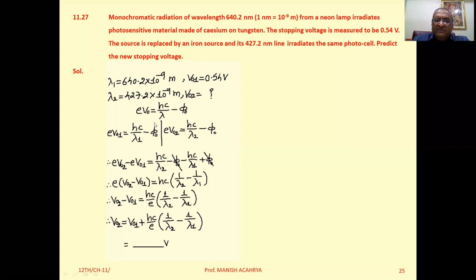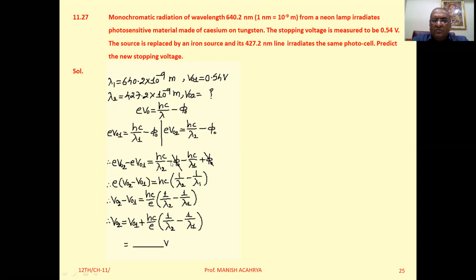So here we can prepare two equations. eV01 equal to hc upon lambda 1 minus phi0. Second one, eV02 equal to hc by lambda 2 minus phi0. Now, take the difference of these two equations. eV02 minus eV01.